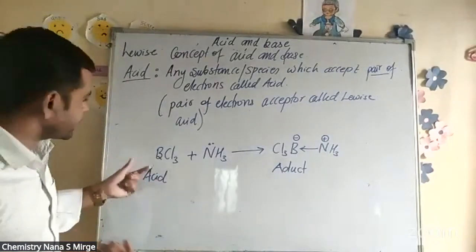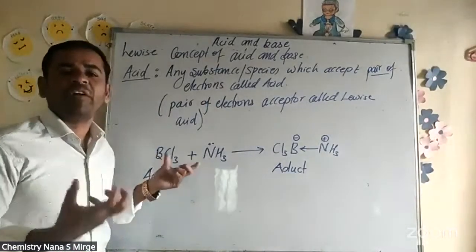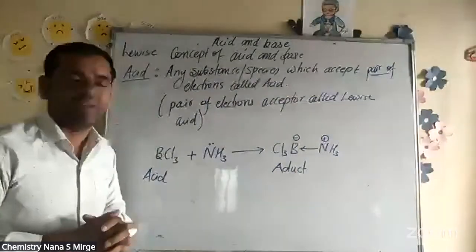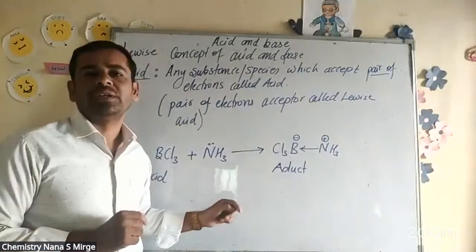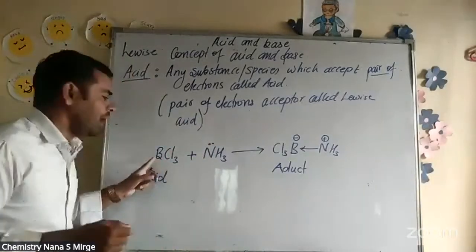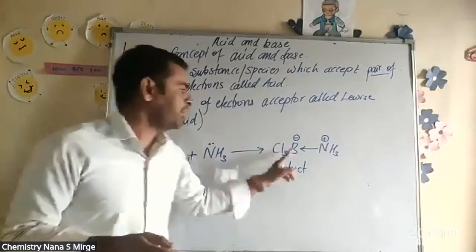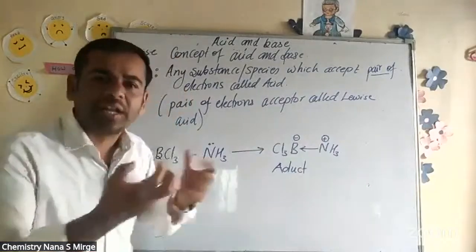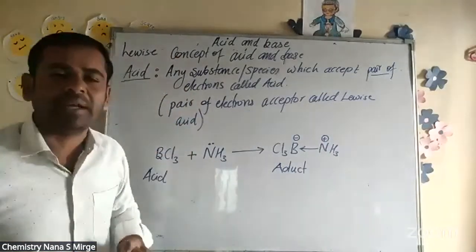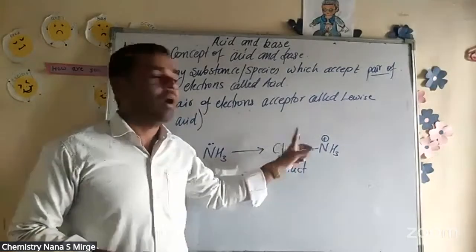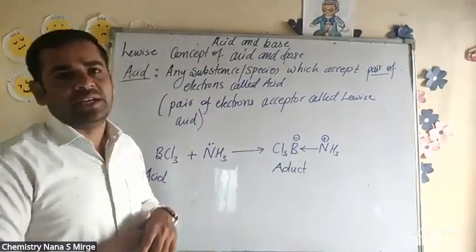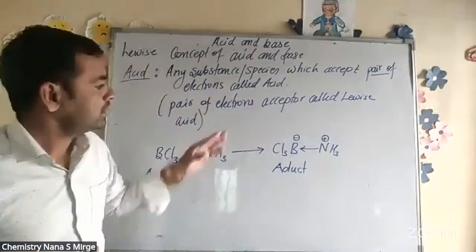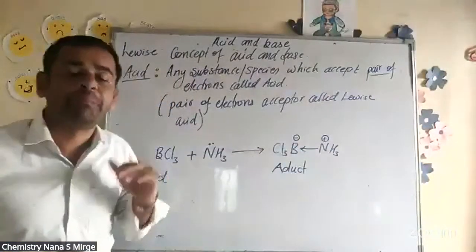And here the example is BCl3, boron trichloride, and ammonia having a lone pair of electrons. The boron atom accepts the pair, so it becomes negatively charged, and nitrogen becomes positively charged, because nitrogen can donate a pair of electrons and the boron atom can accept the pair of electrons.